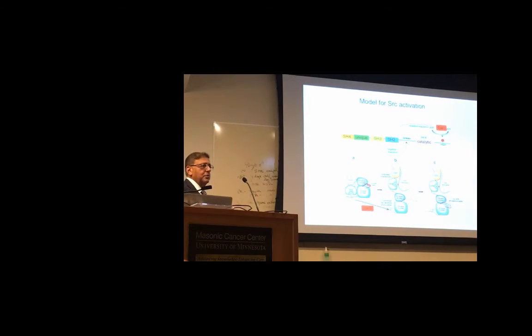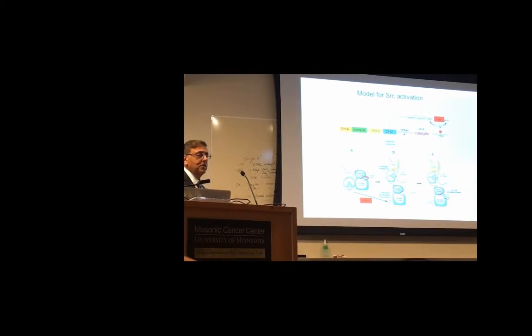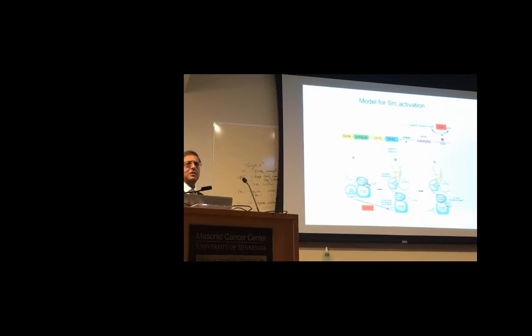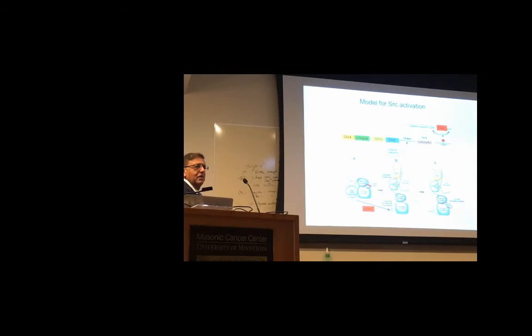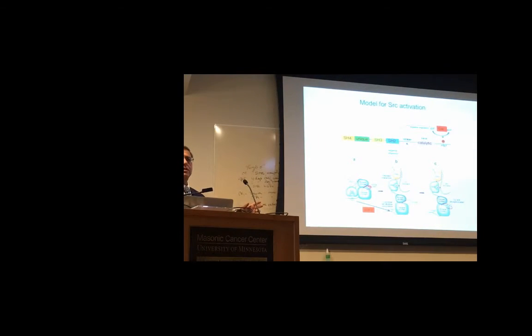Now, further upstream, Src activation is pretty important in that first step after VEGF-R2. And Src activation is a very complex system. You have a C-Src kinase, CSK, that constitutively phosphorylates Y527 in Src. And if that residue is phosphorylated, Src is not active.